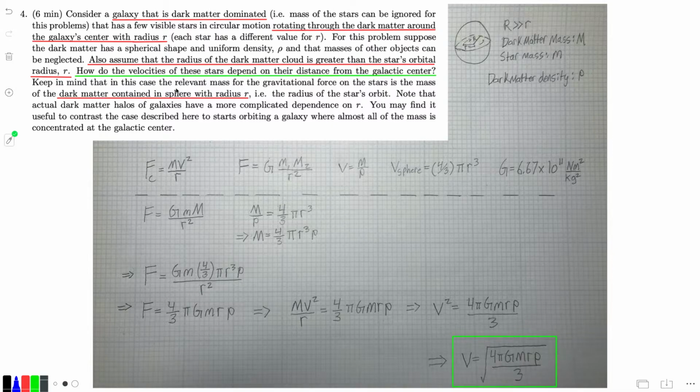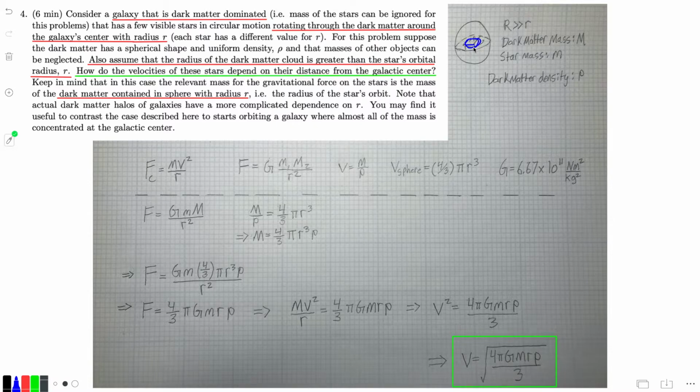As I was saying, we have to find an equation to relate velocity to distance from the galactic center. In my drawing here, I've defined this small r as the radius from our galactic center. Let's say these are some stars on the outskirts.